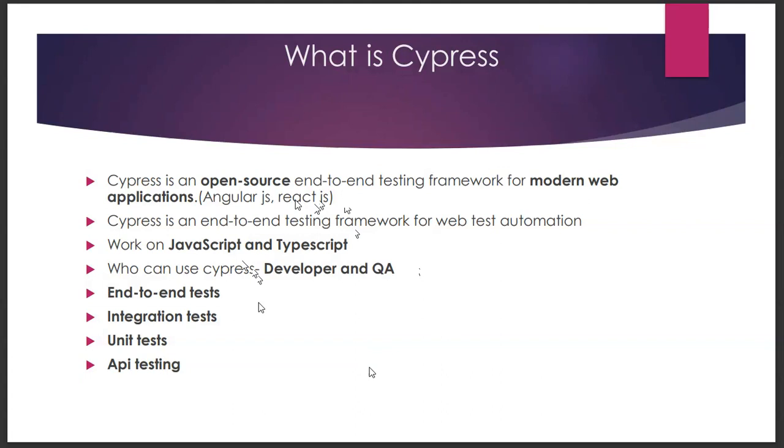So Cypress makes it possible to do all this very easily. And one more thing is that when you write your test cases in Cypress, it uses only JavaScript and TypeScript.